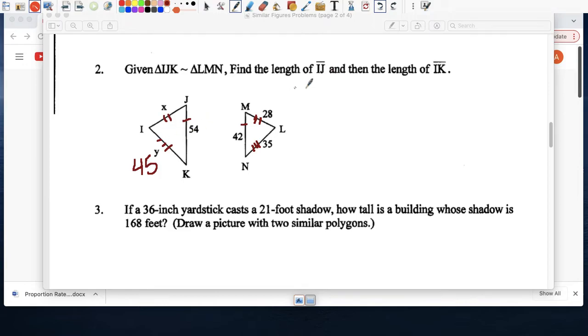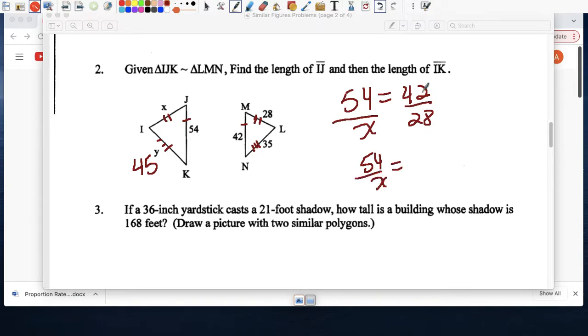To find x, you can use anything. So again, let's just keep that. 54 corresponds to 42, and then x corresponds to 28. Again, you can cross multiply. I'm just going to simplify this ratio. Divide by 7. Divide by 7. I get 6 over 4.